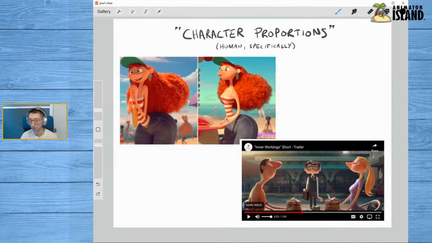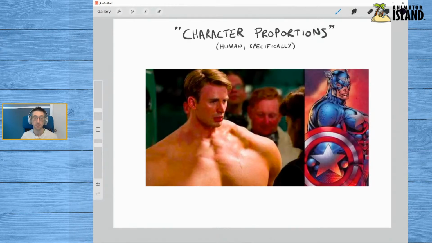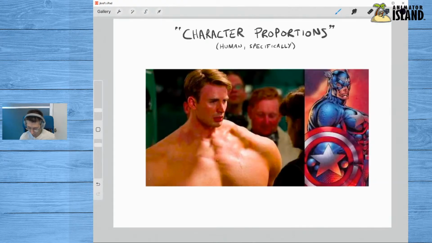And I have a really fun image that showcases this, which is our last slide for the lecture period. Here's somebody who took the comic book version of Captain America and said, what would happen if we translated that to realism? Well, this is what would happen. And he would be a monster.